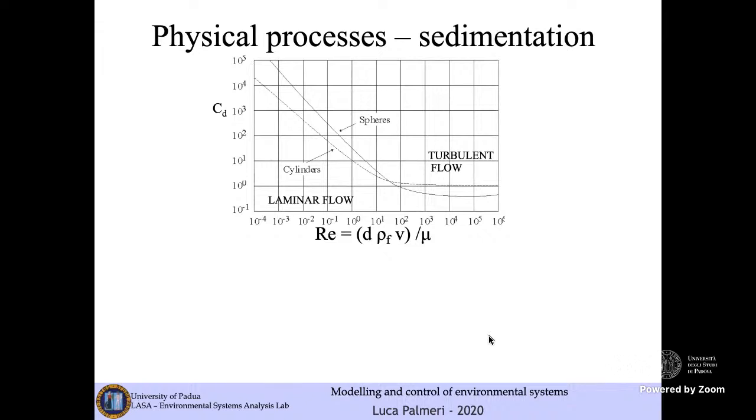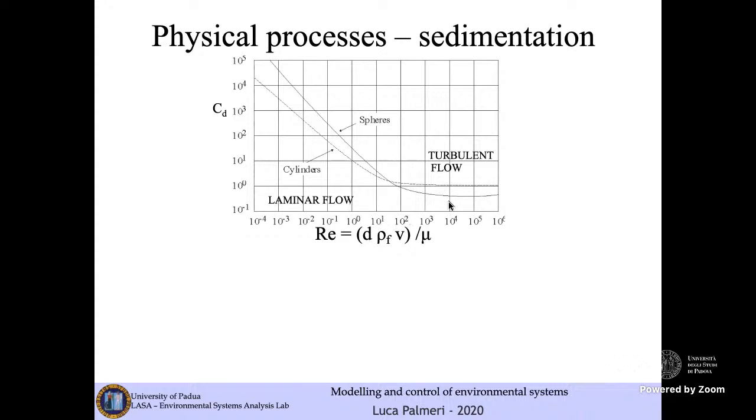What is the drag coefficient CD? The drag coefficient CD describes the condition of the flow, so the condition of the water column, which conditions how water moves in the water column. For example, we know that the drag coefficient depends on the Reynolds number, a coefficient describing the type of flow. The Reynolds number can go from 10 to the -4 to 1 for laminar flow.